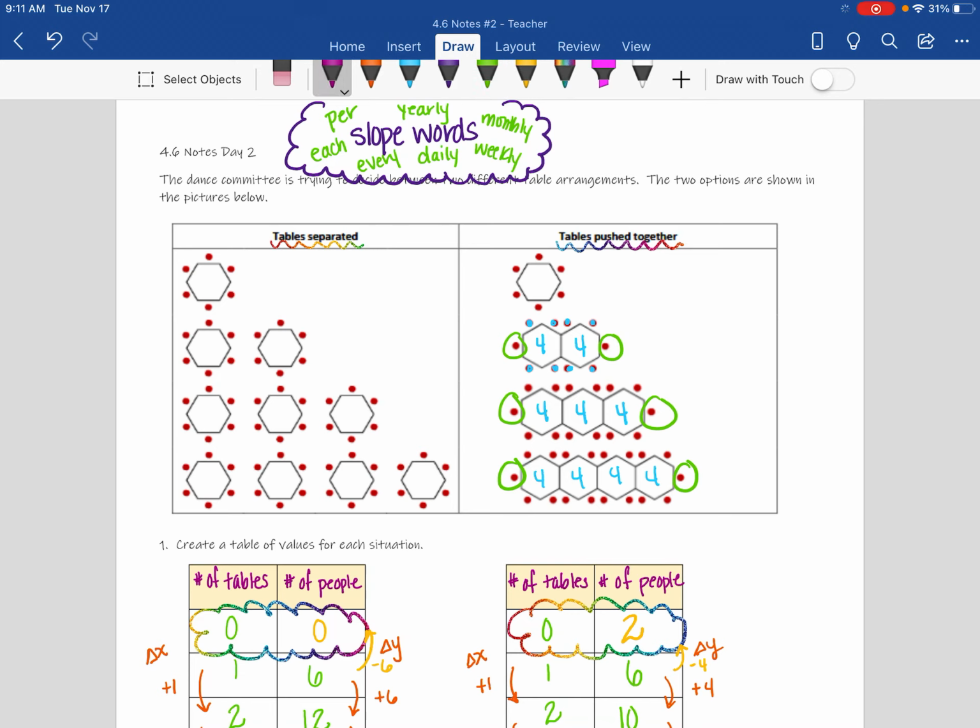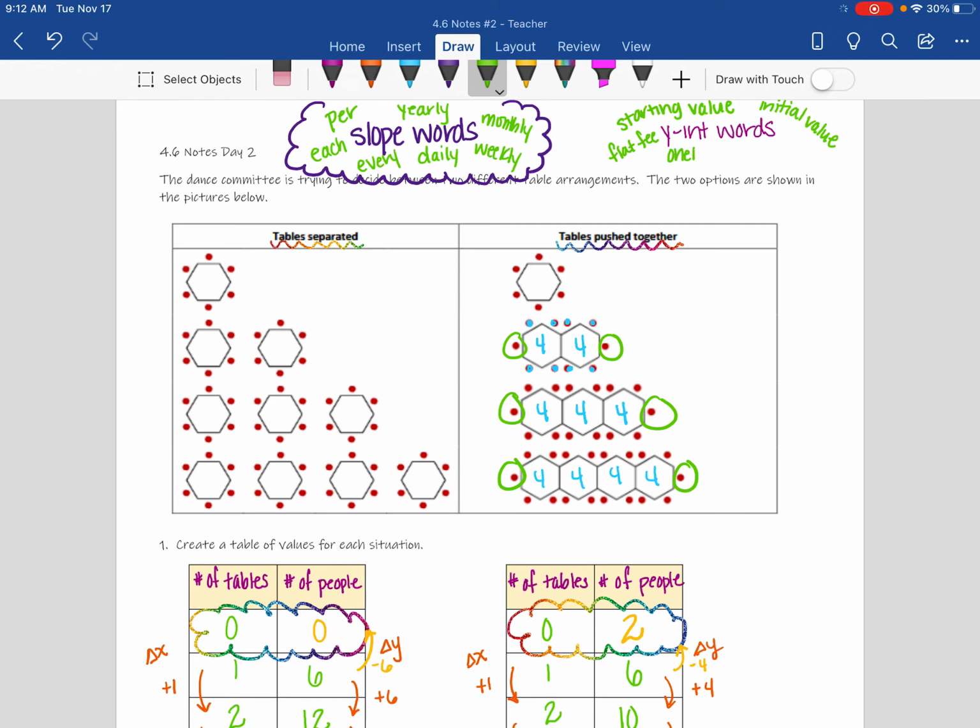Okay, then we also have our y-intercept words. Starting value. Initial fee. Flat fee.